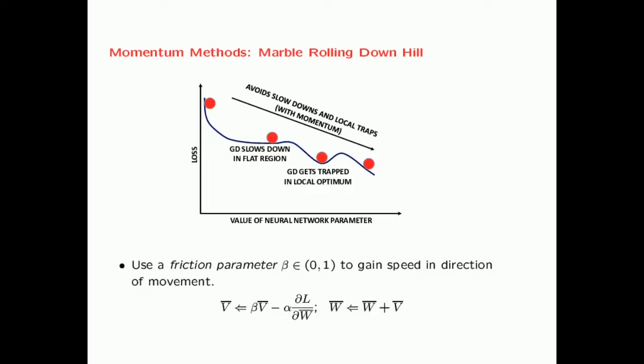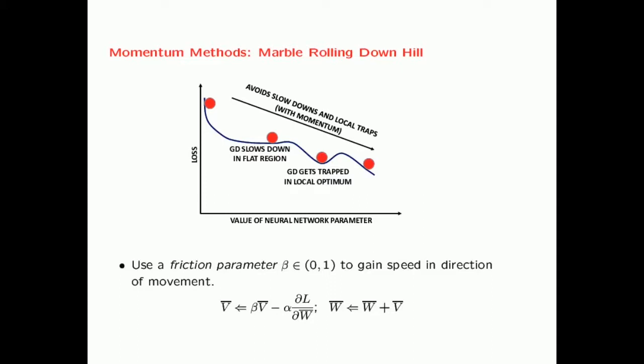So let's look at what the updates are. Here you have a vector v which indicates the velocity. The velocity in each step is defined by beta v. So you're multiplying the velocity in the previous step by the friction parameter, which is between 0 and 1, and you're adding the steepest descent value, that is the standard minus alpha del L by del W, to the velocity.